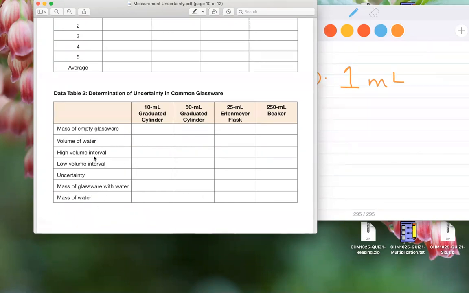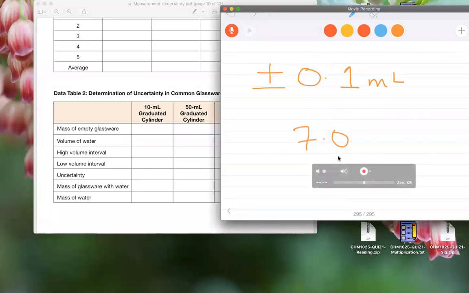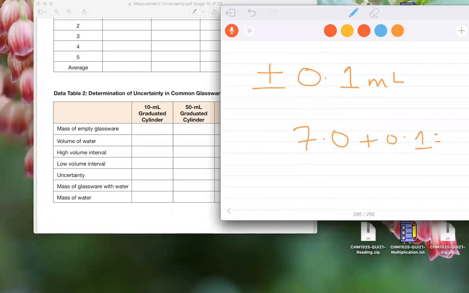High volume is, if I'm starting with 7.0 or whatever you read, high volume will be plus 0.1. Low volume will be minus 0.1. You subtract 0.1 from there, 7.0 minus 0.1.